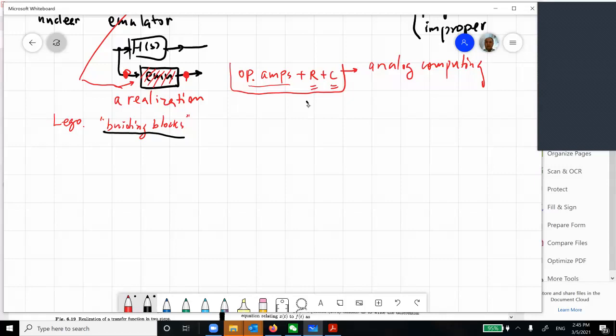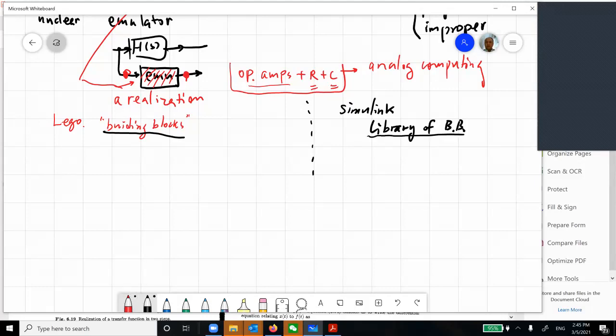I want to draw a parallel here. In Simulink, you actually have a library of those building blocks, a lot of them. You have source, sink, nonlinear, gain, transfer function, state space, so many. We don't want to go into these complicated libraries.